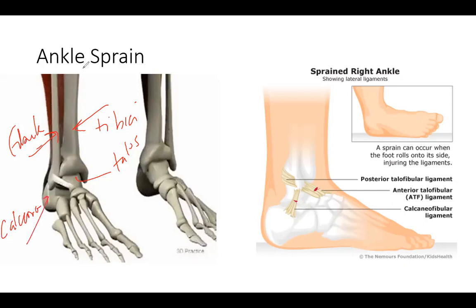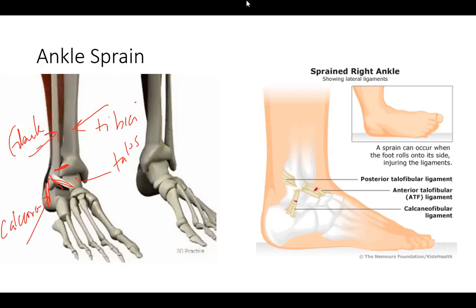Here, we can see a ligament holding the fibula to the calcaneus, a ligament holding the fibula to the talus, and there's also another one holding it to the tibia. So that's all that holds that ankle together on that side. It's a very weak structure. When we roll our ankle, we nearly always roll to the outside, and we can tear those ligaments.